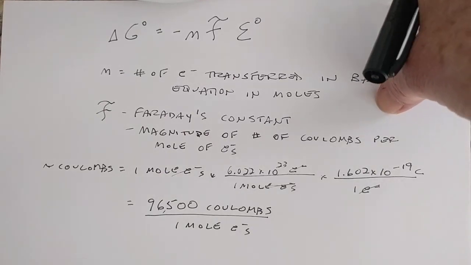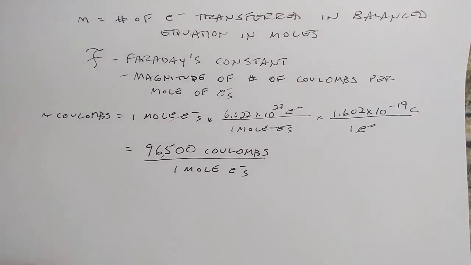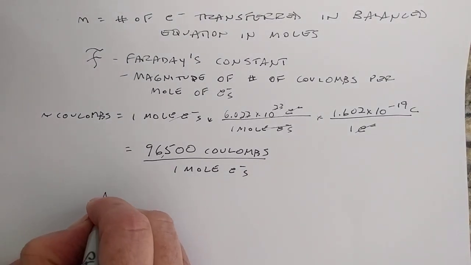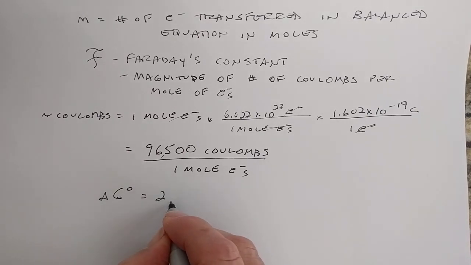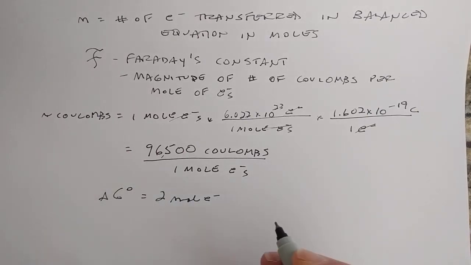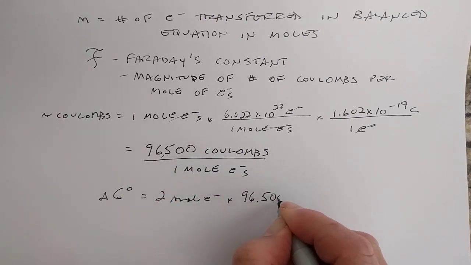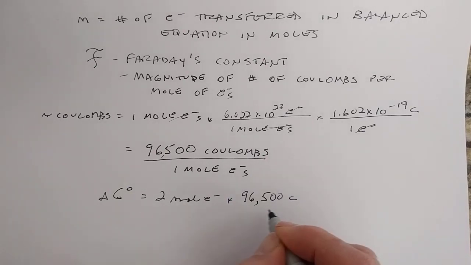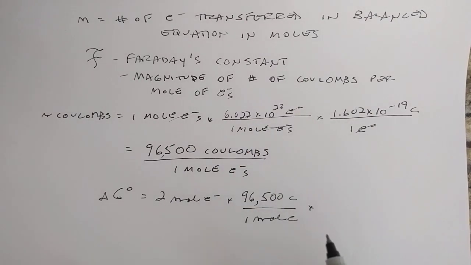So now let's calculate the delta G for our zinc copper cell. Our delta G0 equals the number of moles of electrons transferred, which is 2. So we have 2 moles of electrons times Faraday's constant, 96,500 coulombs for every 1 mole of electrons, times our E0.